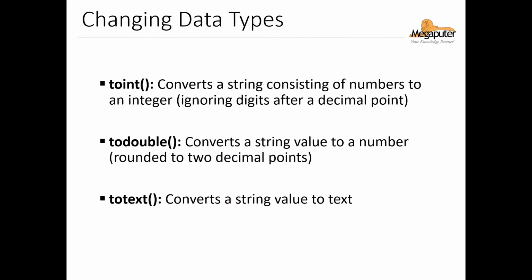Here are 3 XPDL functions for changing data types. toInt converts a string of numbers into an integer. toDouble converts a string to a number, rounded to 2 decimal places. And toText converts a string to text.